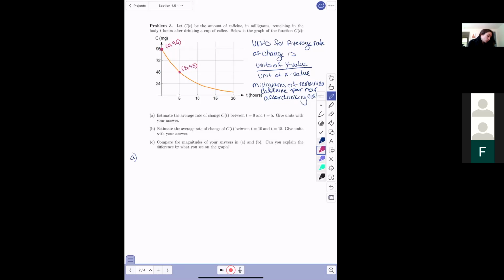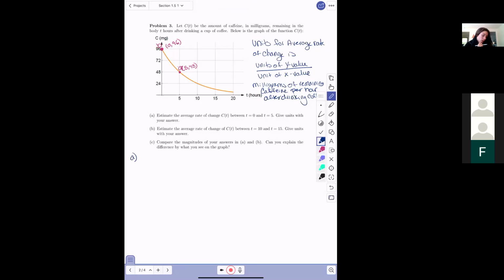All right, I'm going to call this one A and this one B. Actually, I'm going to flip that. This one A and this one B. The only reason I flipped it is because it works either way. I just would rather do 96 minus 48 than the opposite.